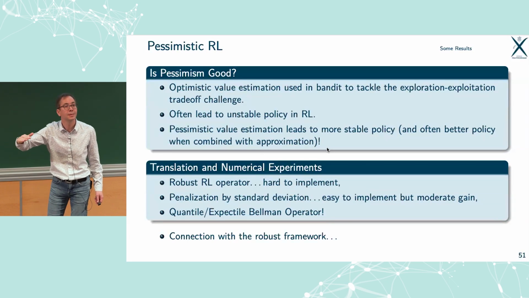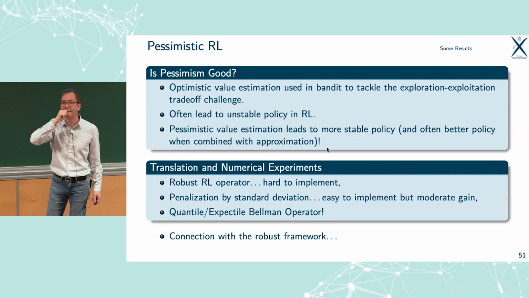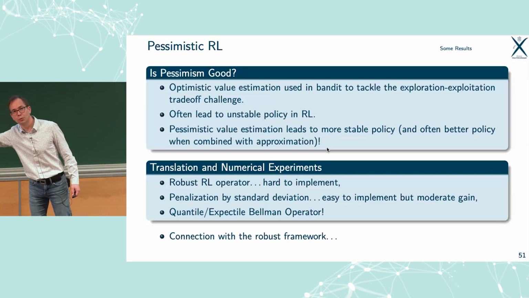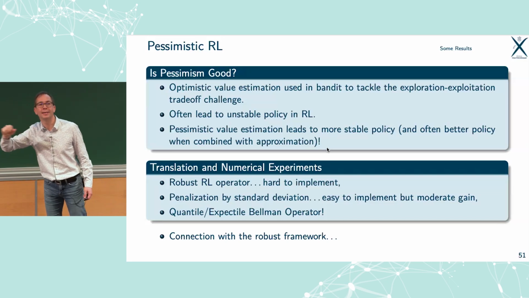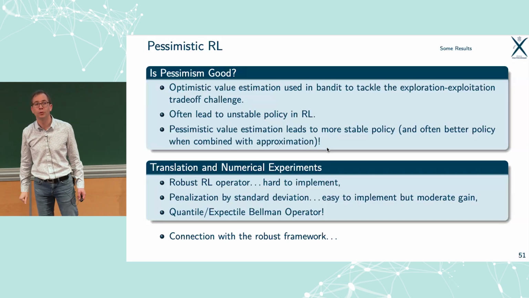So you need to be pessimistic. And what he has shown is that in practice, it leads to better solution. So you go faster to a good solution. And if you reduce the penalty, you reduce the pessimism. In the end, you converge to a good solution.